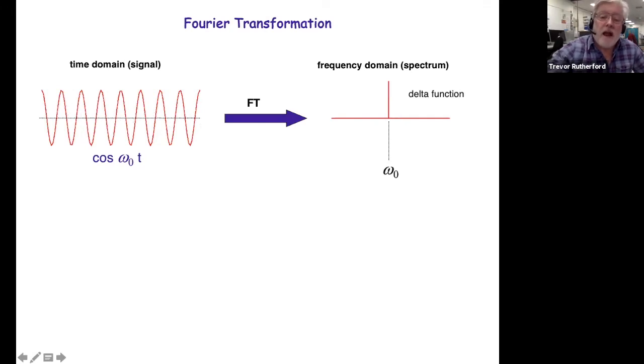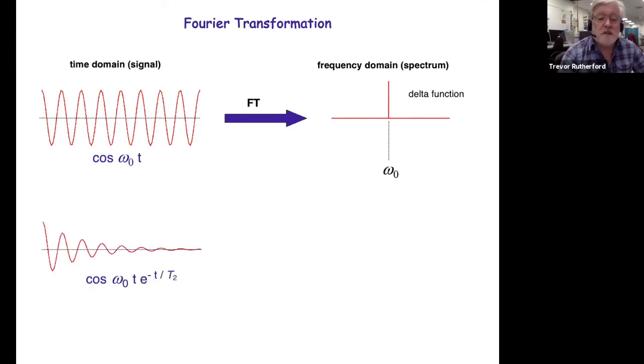Okay. In practice, what we have is a damped cosine wave, a sinusoidal wave, which is decaying with an exponential function, and the exponential time constant is this value T2.